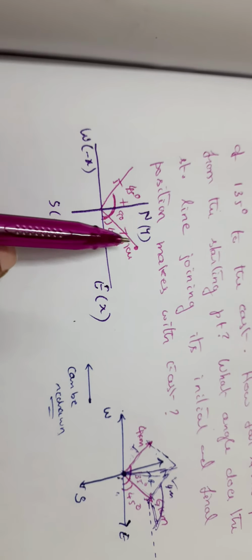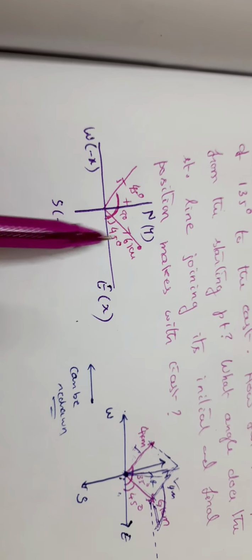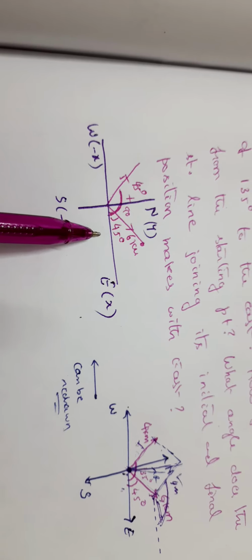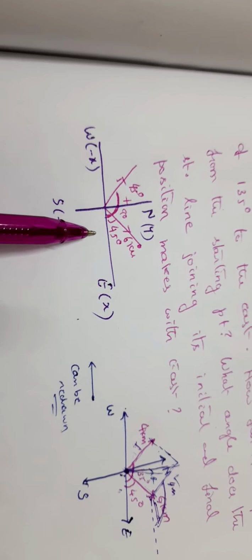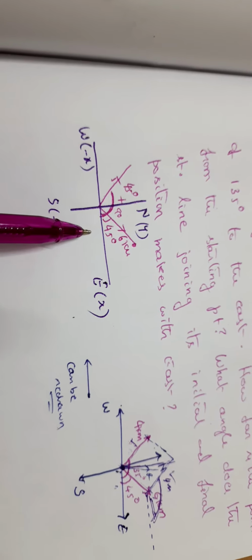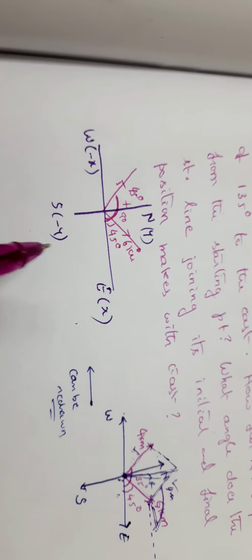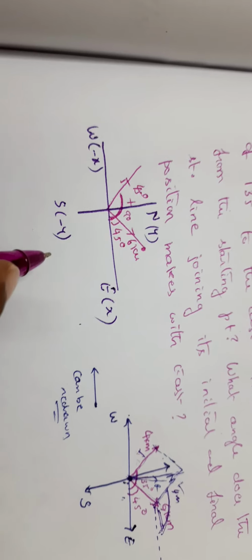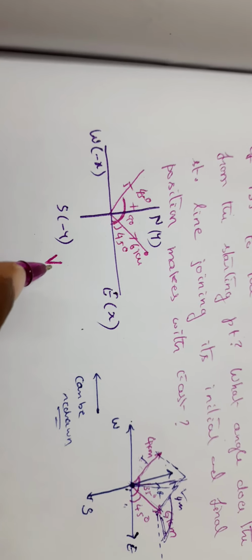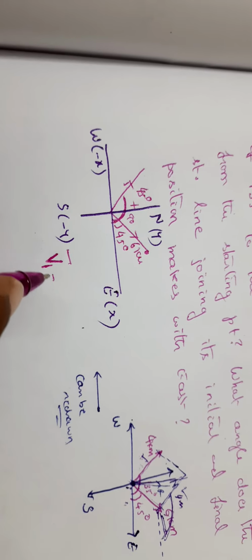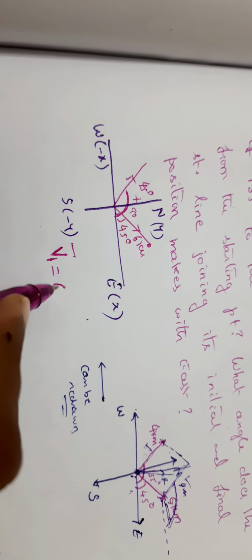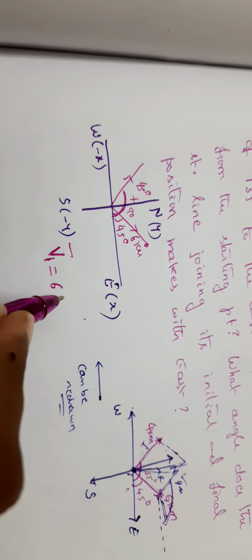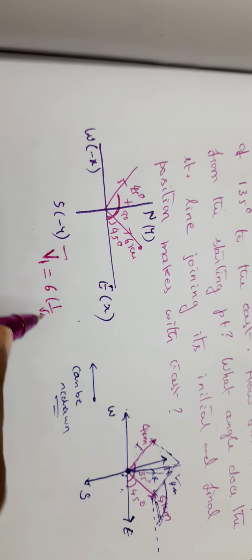I can resolve this vector into components. How? 6 cos 45. What is cos 45? 1 by root 2. So for the first one, I'll take V1 bar, which is equal to 6 cos 45, 6 sin 45. So 1 by root 2.